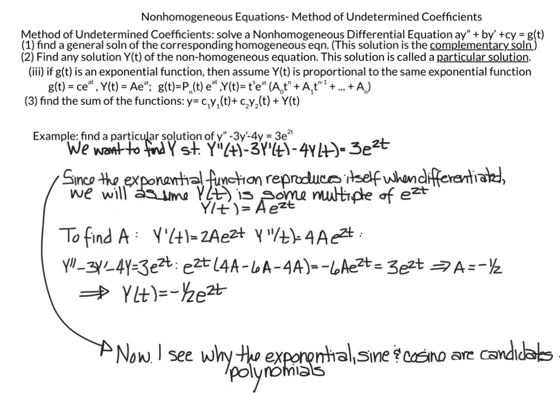Also, we chose e to the at because when you take the derivative, you still get back e to the at. That's sort of true of sine and cosine too: when you take the derivatives, you keep switching back and forth between sine and cosine. And when you take the derivative of a polynomial, you still get a polynomial. So these are the ideas of why these functions work well with the method of undetermined coefficients.